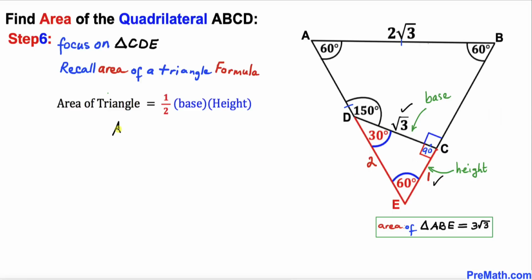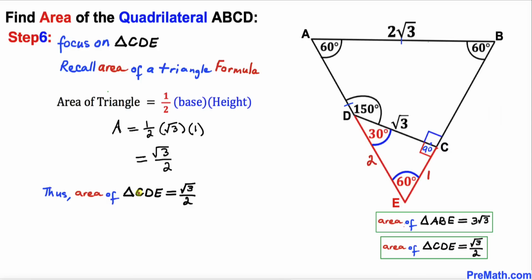The area is a half times square root of 3 times 1, so the area turns out to be square root of 3 divided by 2. Therefore the area of this triangle CDE is square root of 3 divided by 2.